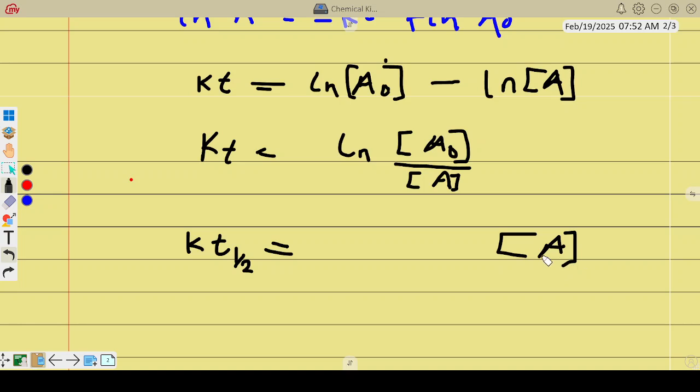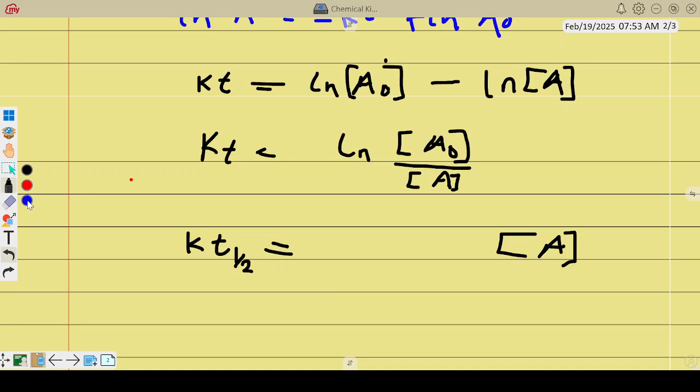So what you have to know is that the time for it to be half, or the point at which it is half, simply means we are dividing the initial concentration by 2.